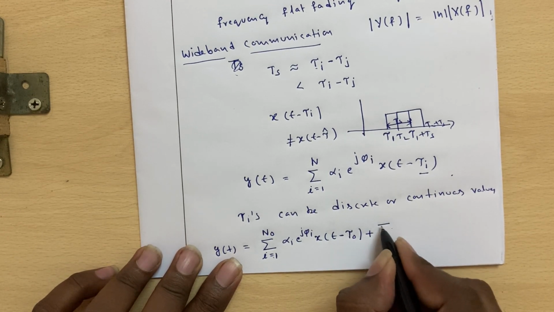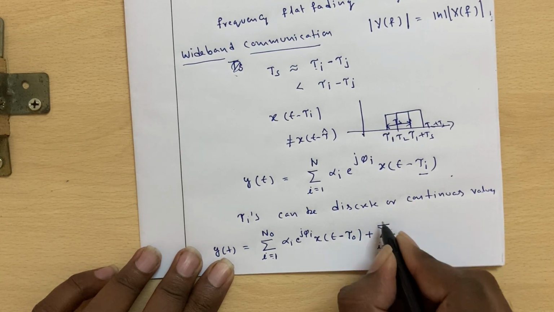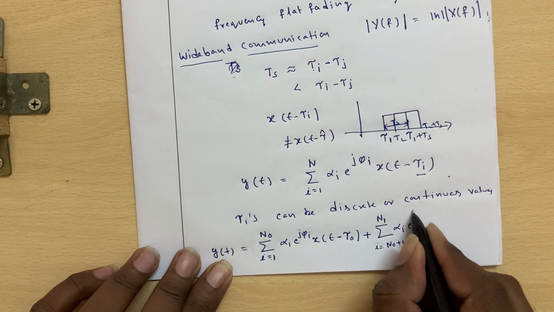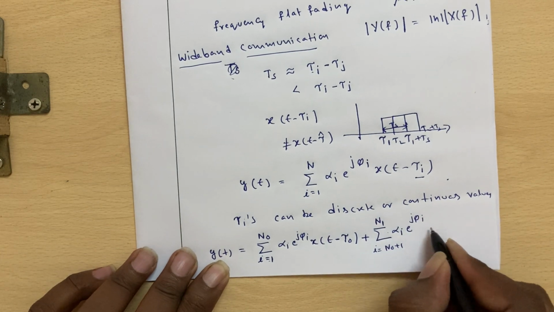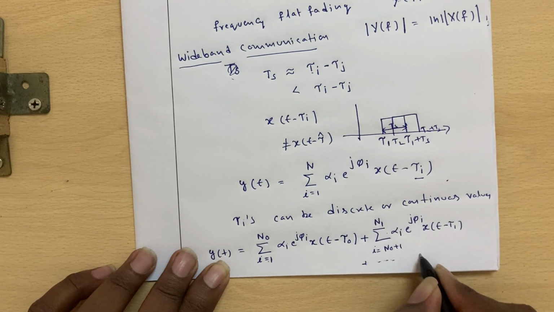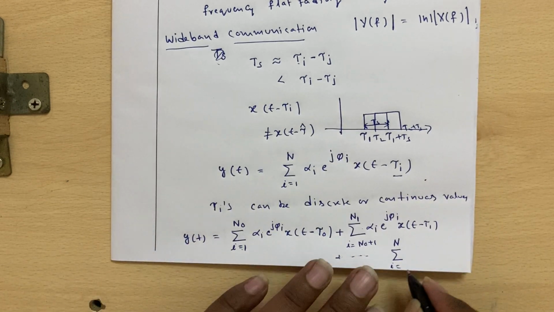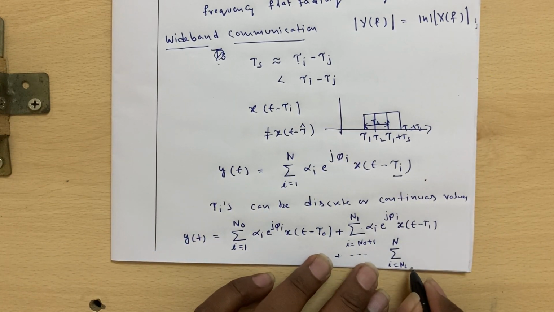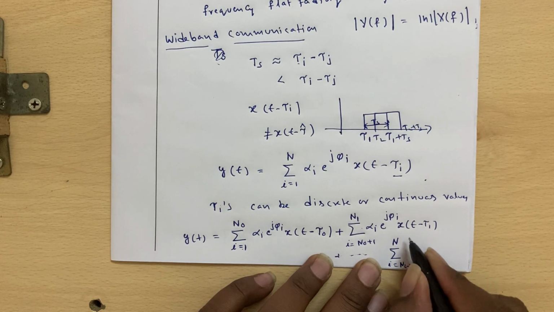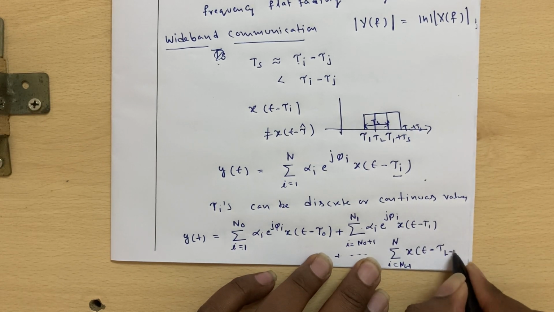Similarly, I can write the other delays from i equal to n naught plus 1 to n1, all having delay tau 1, and like that up to the last value, i equal to n l minus 1, with x of t minus tau l minus 1.